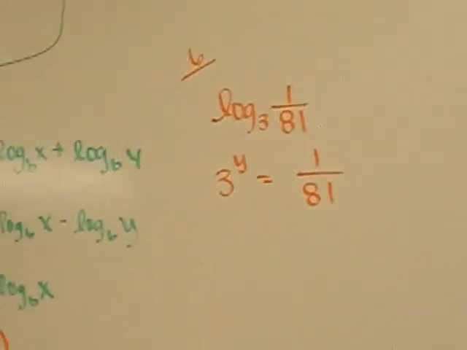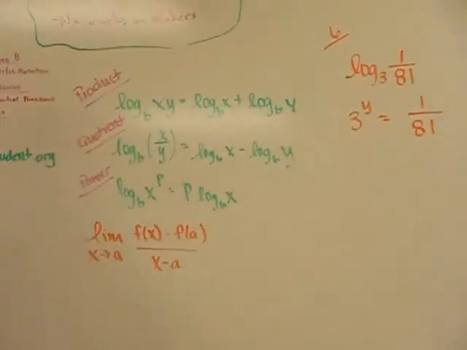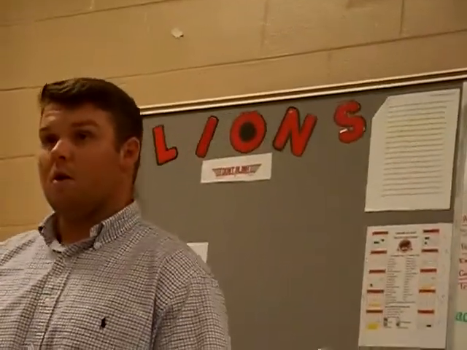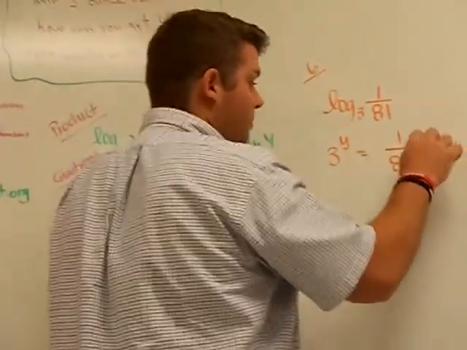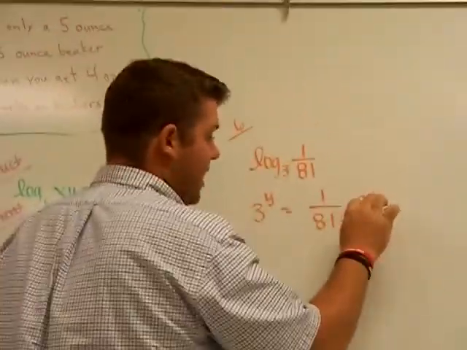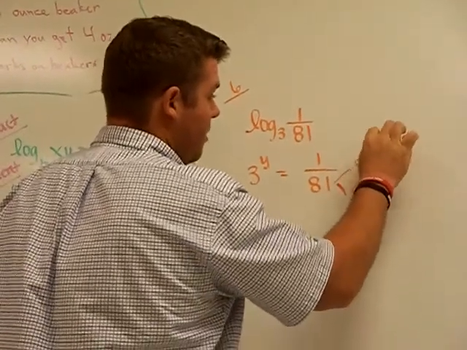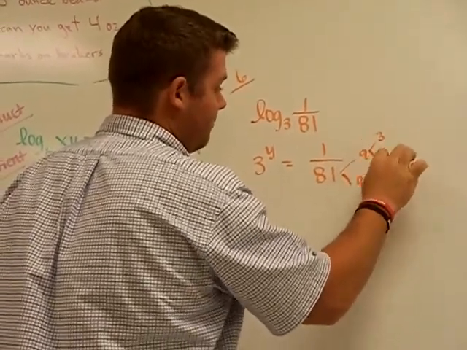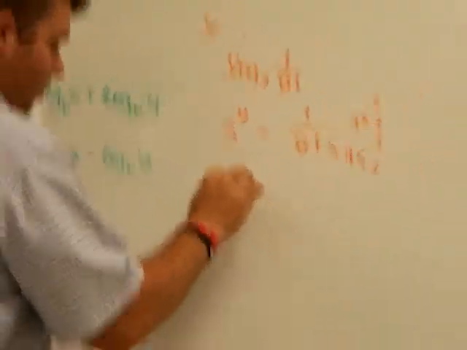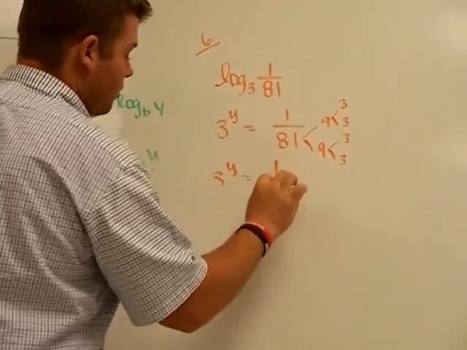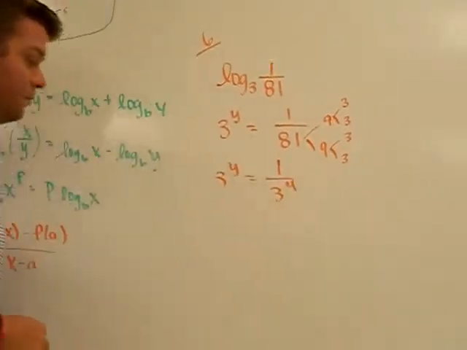So what I want this right side to have is the same base as my left side, correct? I want it to have a base of 3. So let's change 81 to some base of 3. Well, that's 9 times 9, and then 3 times 3 times 3 times 3. So basically we have 3 to the y equals 1 over 3 to the 4th.